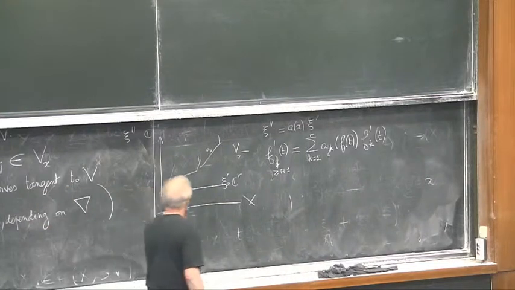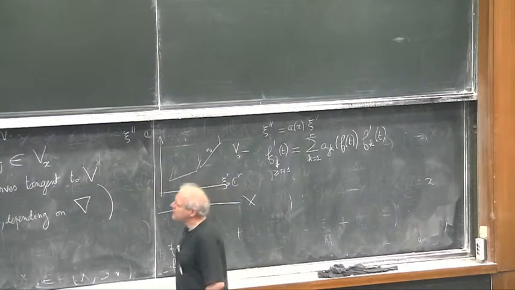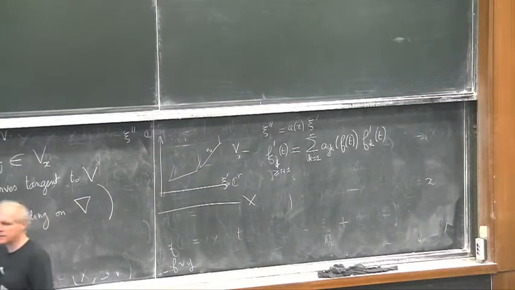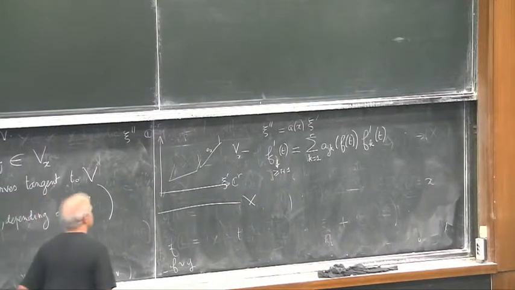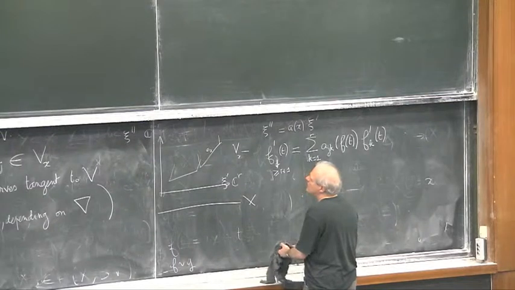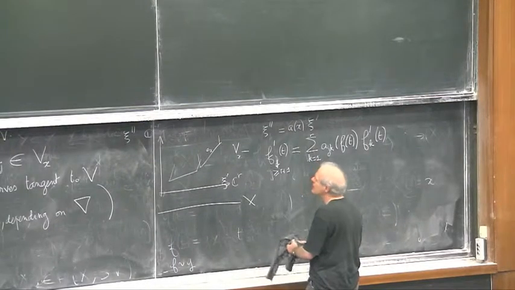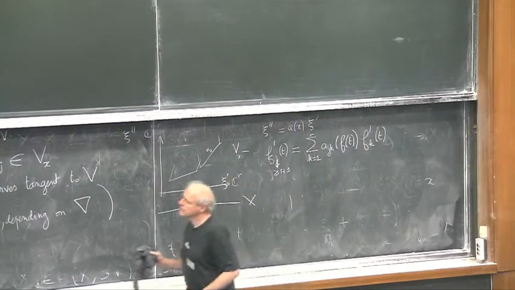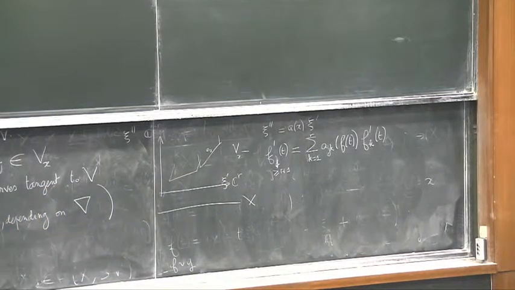And now, an essential observation is that you have a C star action here, or even a bigger action. In fact, there are two commuting actions which are of interest.